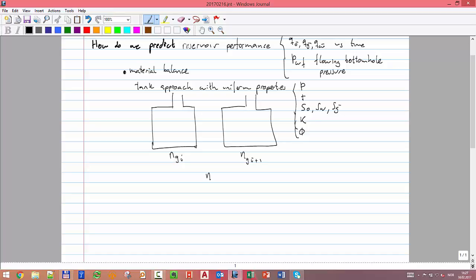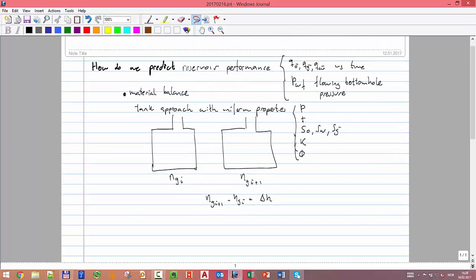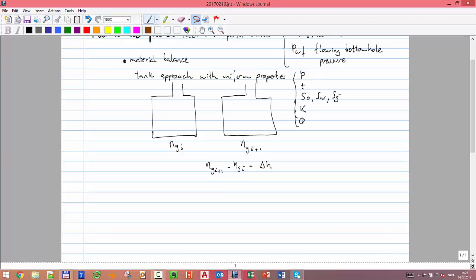And the difference in the number of moles is what I have produced, delta N, at that particular point in time. Now I have moles, but I can convert them to standard conditions. If you remember, we said everything is equivalent: mass, moles, or standard conditions. I just need some transformation factor between all those quantities. So that's material balance.